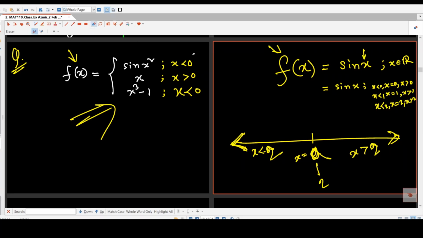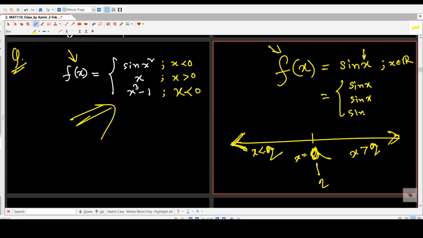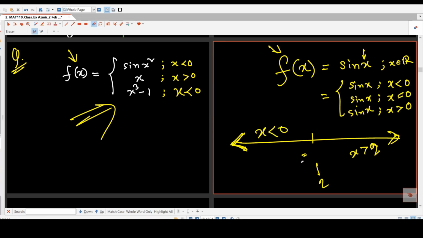That means now we can say that the single function can also be thought of as a piecewise defined function. Let's say we have sine x, again sine x, and again sine x. This is for x less than 0, it may be x equals 0, it may be x greater than 0. Have a look again. We are taking x less than 0, that means the left side is covered.